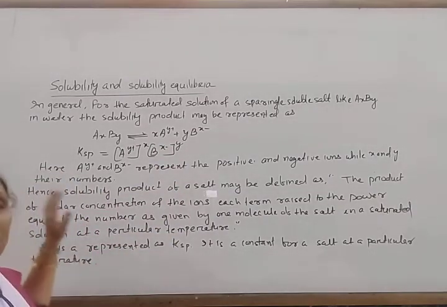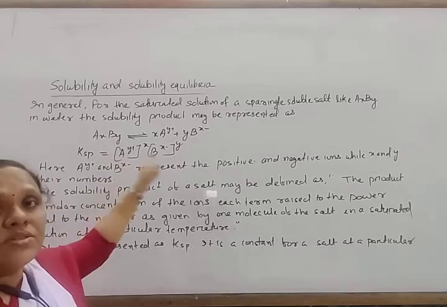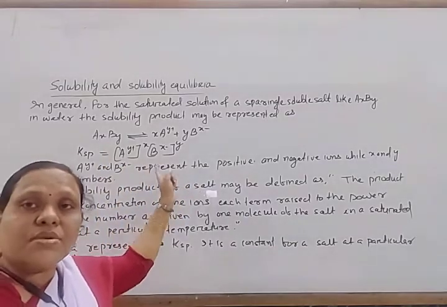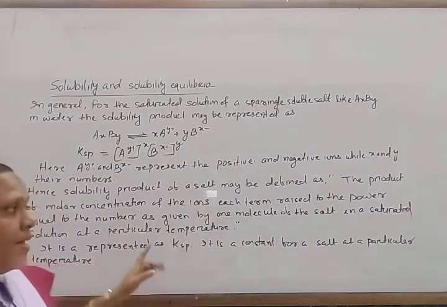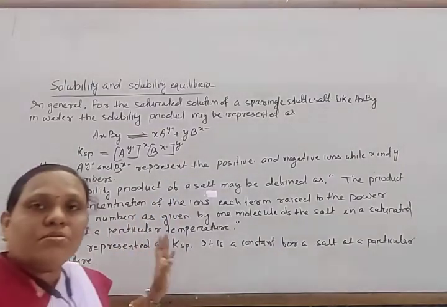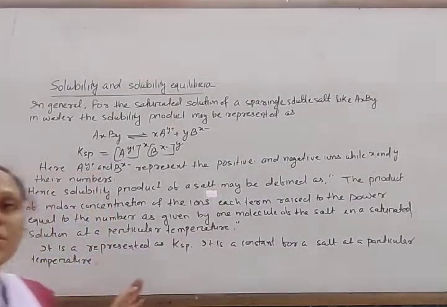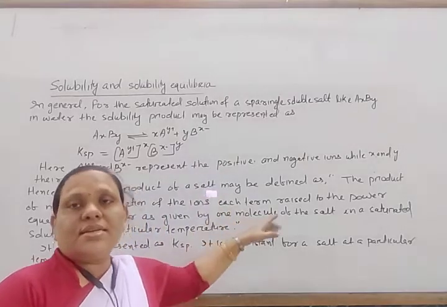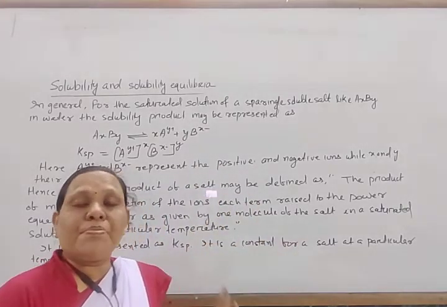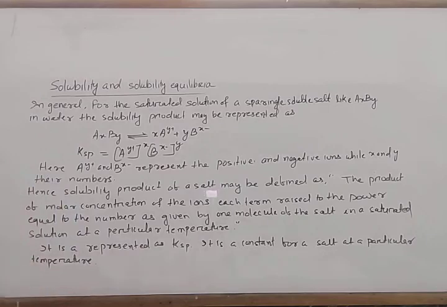The solubility product is the product of the molar concentrations of the ions, each raised to the power equal to the number given by one molecule of the salt when dissolved in water, in a saturated solution at a particular temperature. So it is a constant at a particular temperature for a particular salt. First note down this.